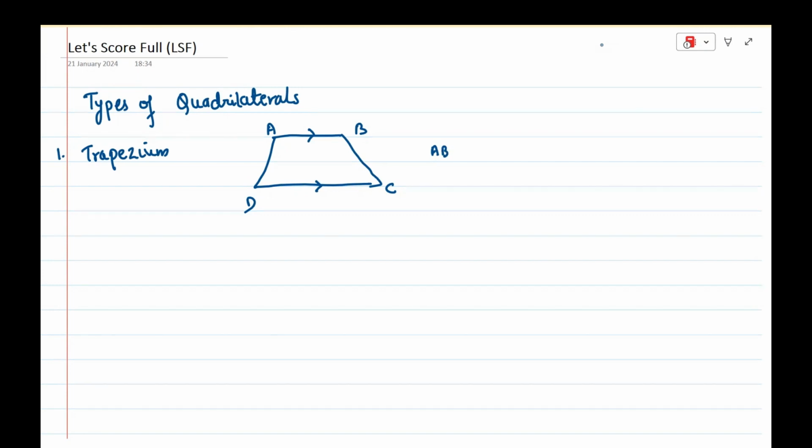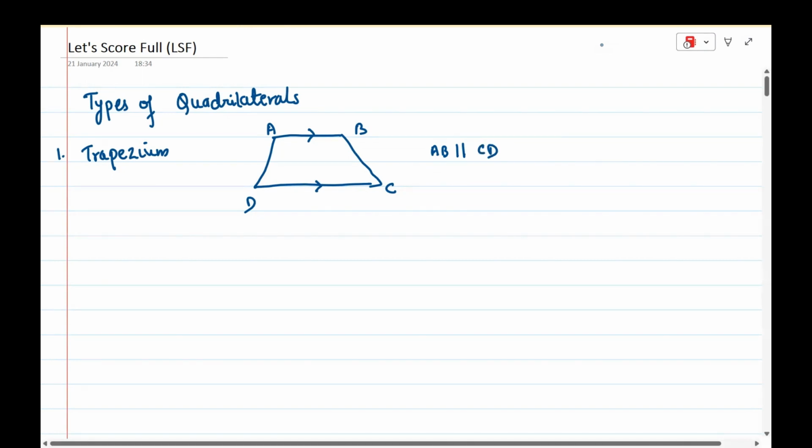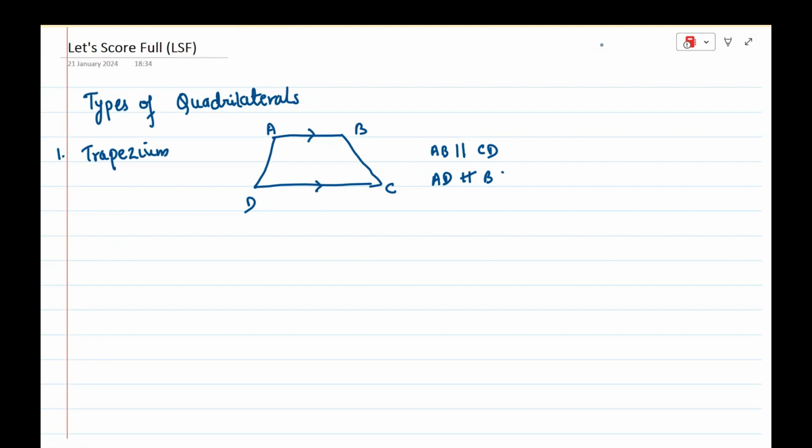For parallel, we write this symbol: AB is parallel to CD, sorry, not BC. And AD is not parallel to BC. If one pair of opposite sides is parallel, then it is a trapezium.